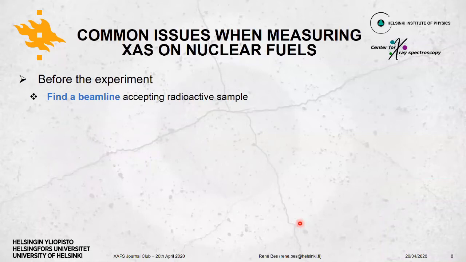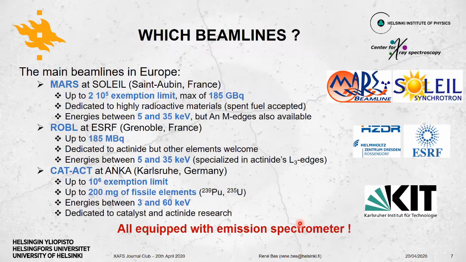To study these materials, you can use X-ray absorption spectroscopy because it's a very useful technique to get information on valence states of elements and the local environment. But first, you need to find a beamline accepting this type of sample. Luckily, in Europe, we have at least 3 different beamlines accepting this type of material and actually dedicated to these materials.